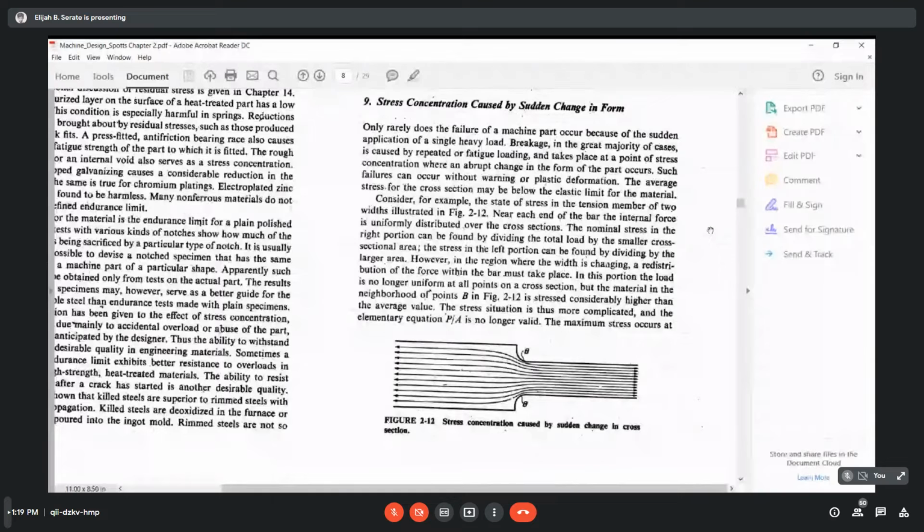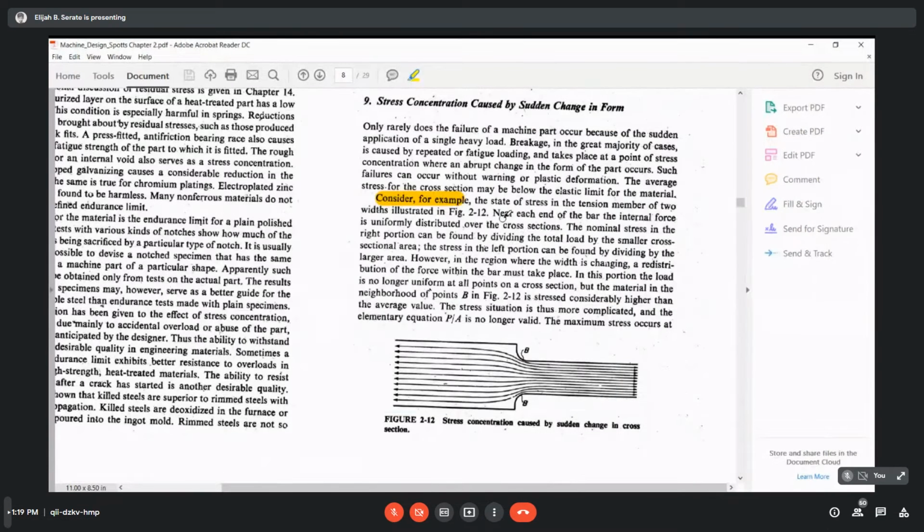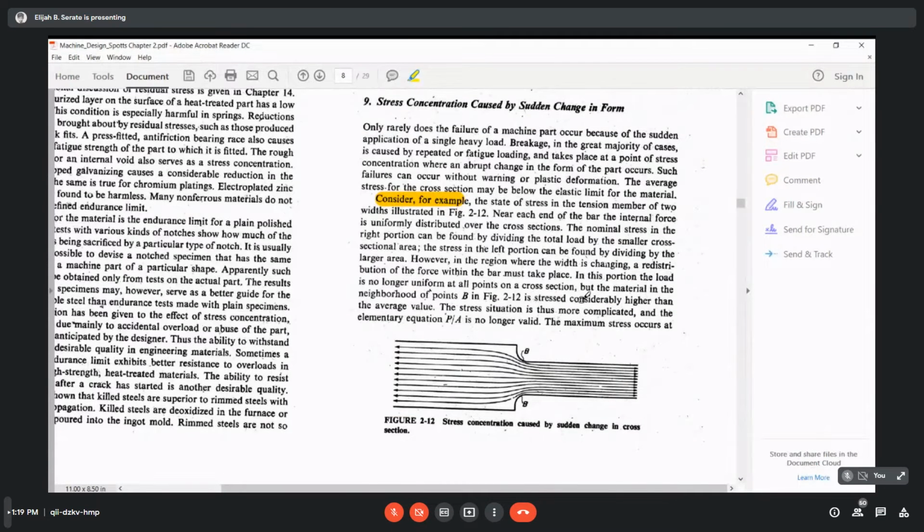Our lesson for this afternoon is about stress concentration, which is caused by a sudden change in form. If you refer to figure 2-12, consider the example of figure 2-12.